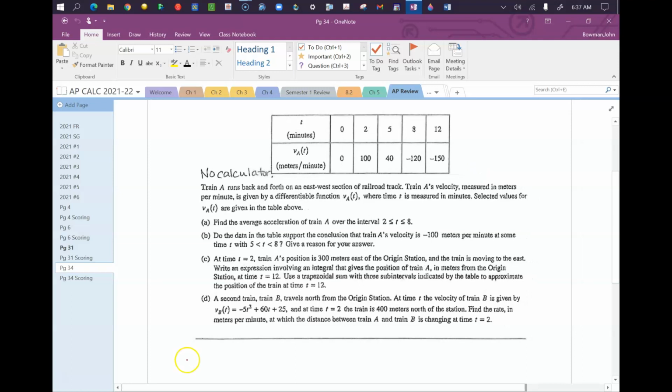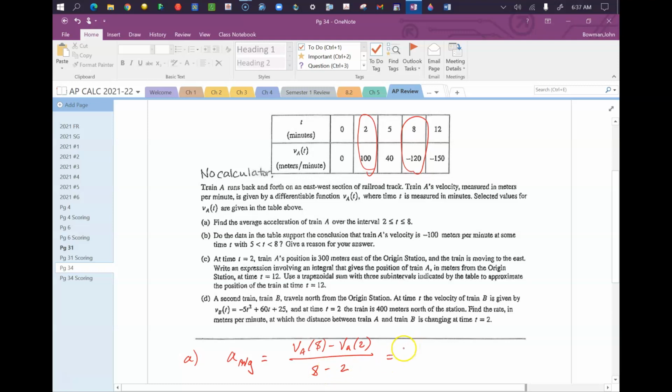So essentially in part A, what they're asking us to find, we'll call it A average, is the slope of the secant line from t equal 2 to t equal 8. So I'm going to focus on those 2 points and write this down so that we have VA of 8 minus VA of 2 over 8 minus 2.